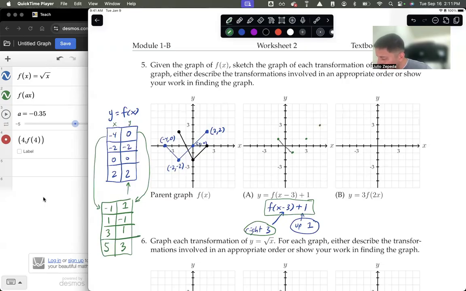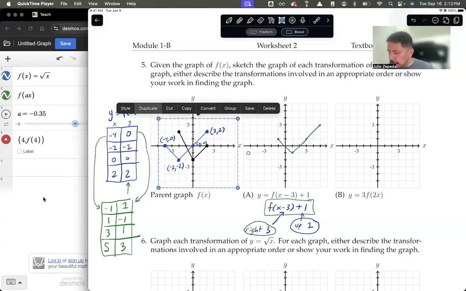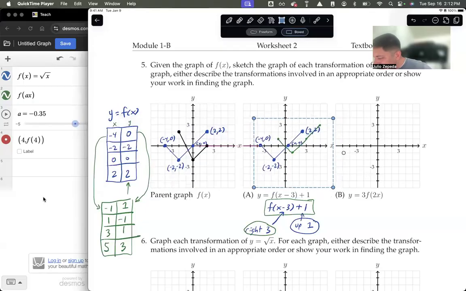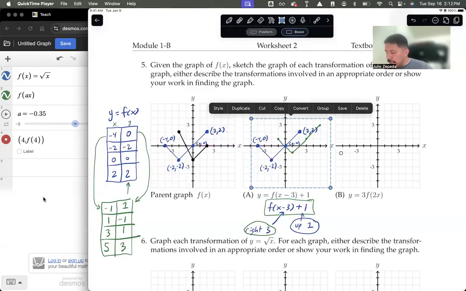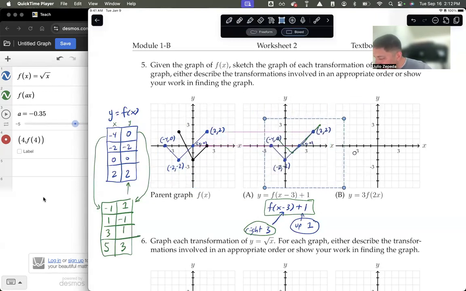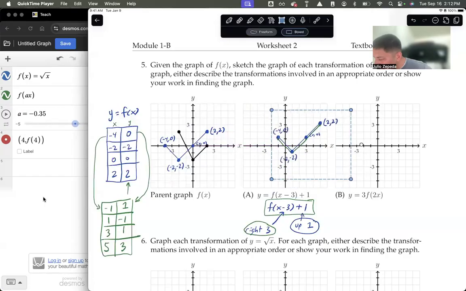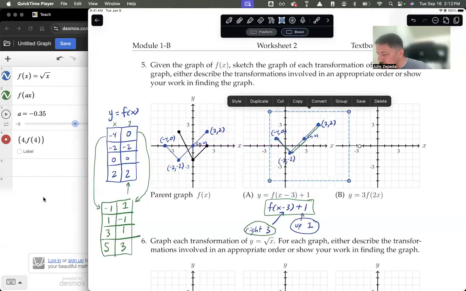And I can connect the dots just like they were connected before. Is that true? Well, let's see. This is my original graph right here. And what I said, I shifted this 3 units to the right and 1 unit up. 1, 2, 3, 1 unit up. Boom. They do coincide.